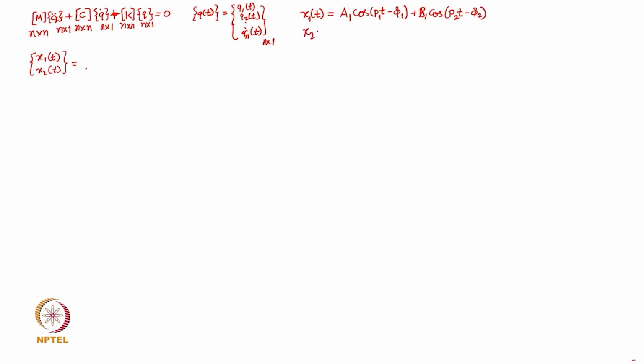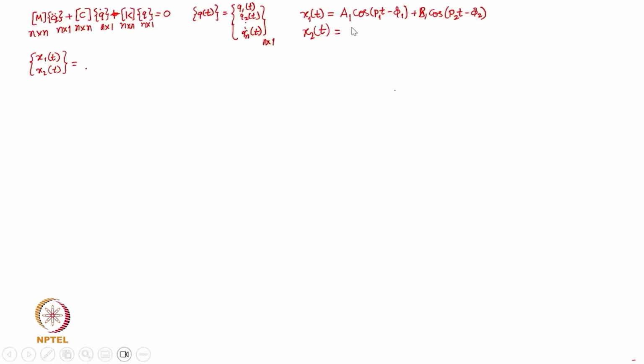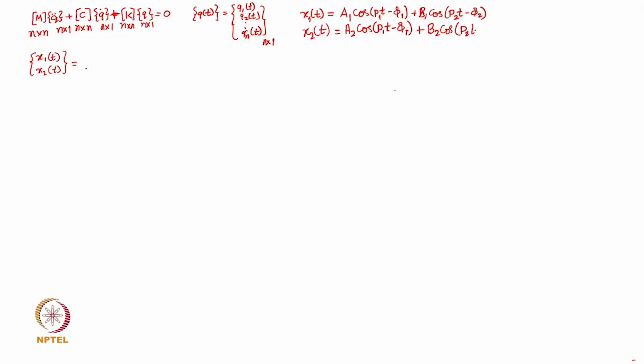And on similar lines, the mass 2 moves and its general vibratory response was given by a2 cos p1 t. Again, the mass 2 also moves with a contribution coming from both the natural modes. So, p2 is the natural frequency in the second mode, p1 is the natural frequency in the first mode.